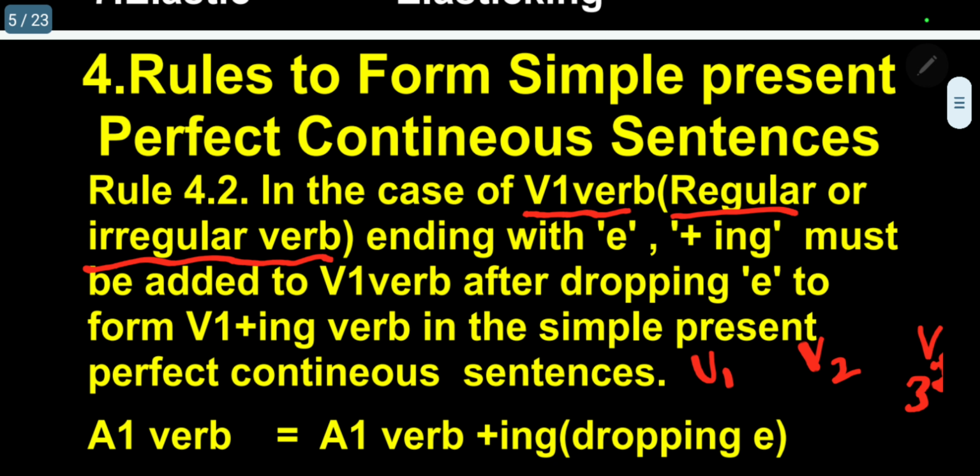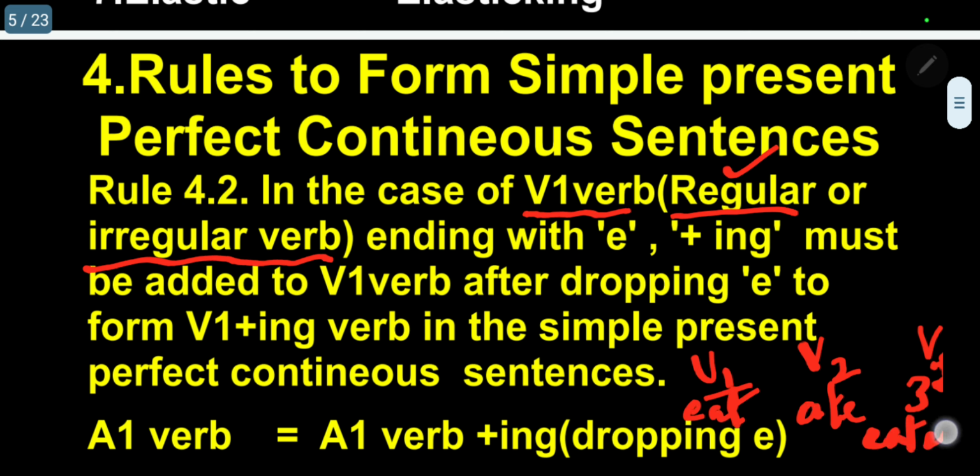If you simply add d or ed to the present tense, it is a regular verb, for example, walked, talked. Like this, we call it regular. If it is an irregular verb, for example, eat, past tense ate, then past participle eaten.